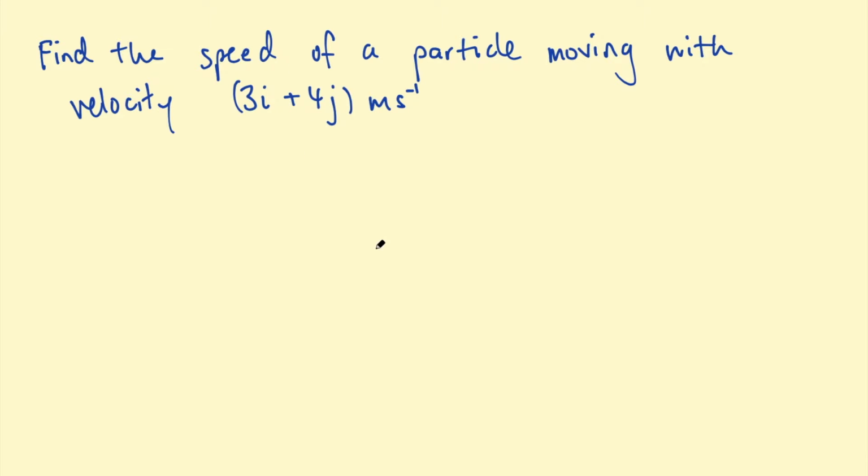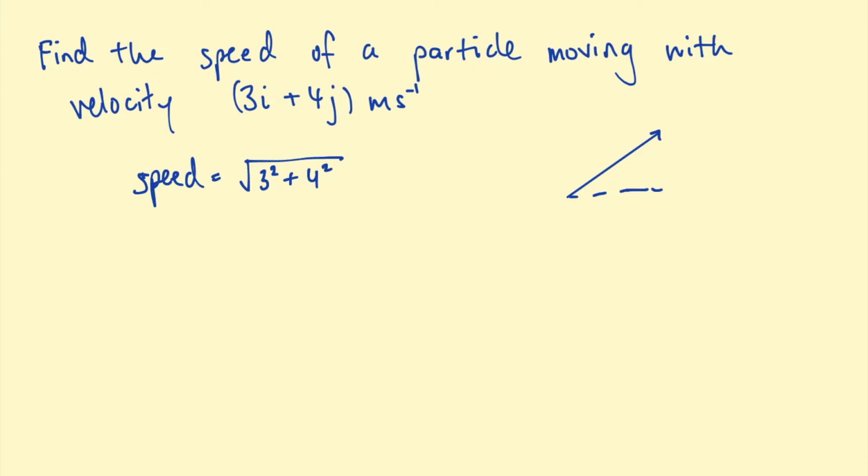And we've already covered how to find the magnitude of a vector when it's written with this ij notation. We just need to basically use essentially Pythagoras' theorem. So we can say the speed is equal to the square root of 3 squared plus 4 squared. Again, briefly, just to go through that, if we draw this vector, it's going to look something like this.